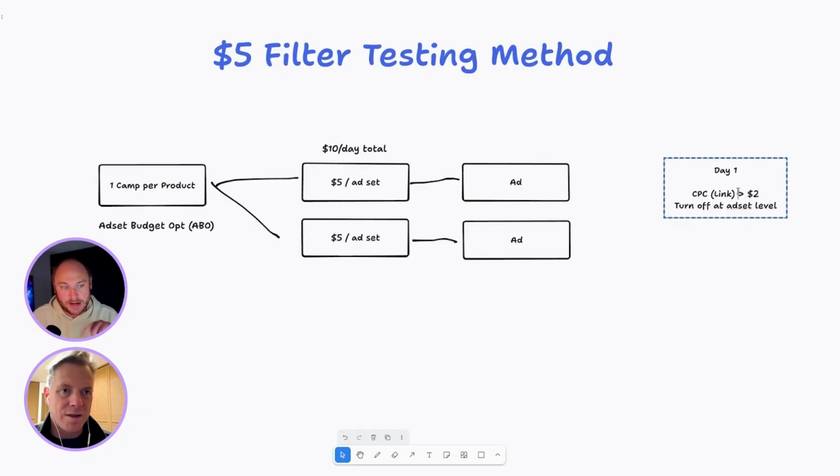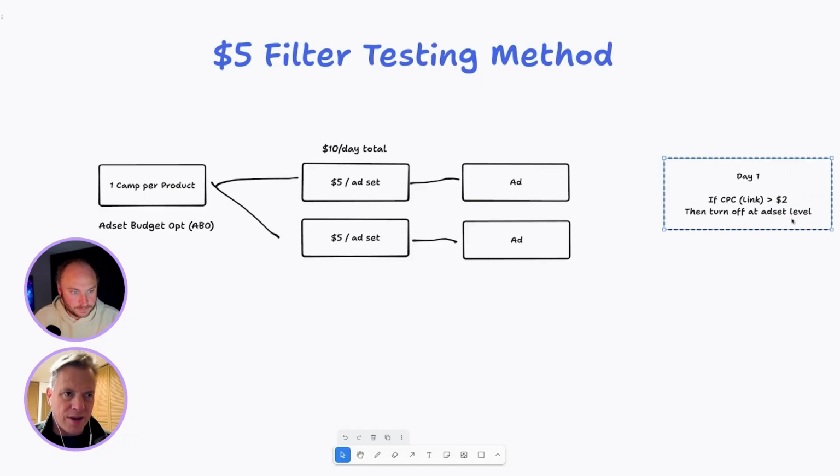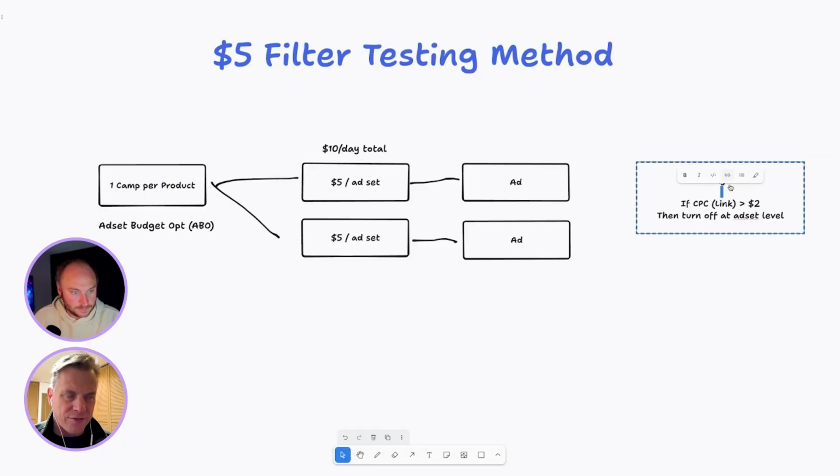And then if CPC link is greater than $2, we turn off the ad set, right? Yes, but there is one exception. I want to get into exceptions after you go over this, but yes. Go ahead. If it's got a sale, then I might go ahead and let it roll another day and see what happens. Okay.